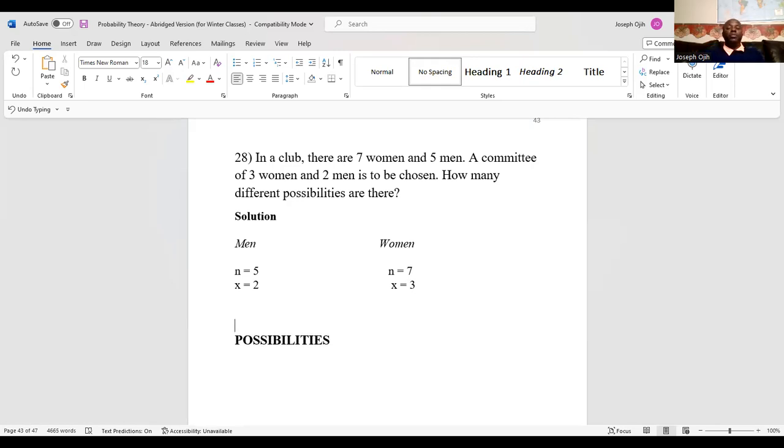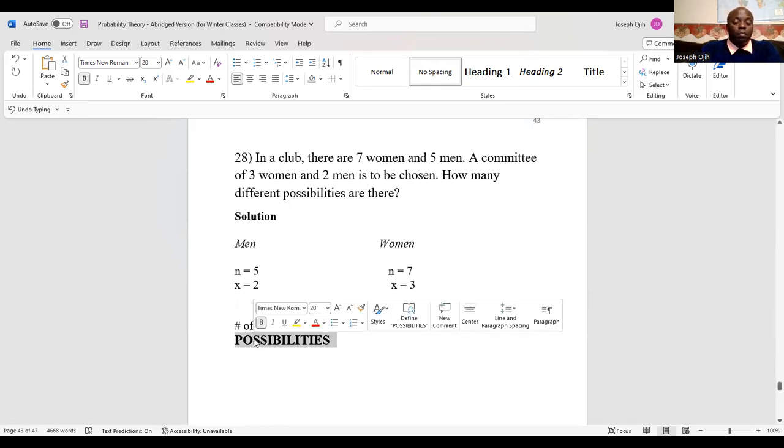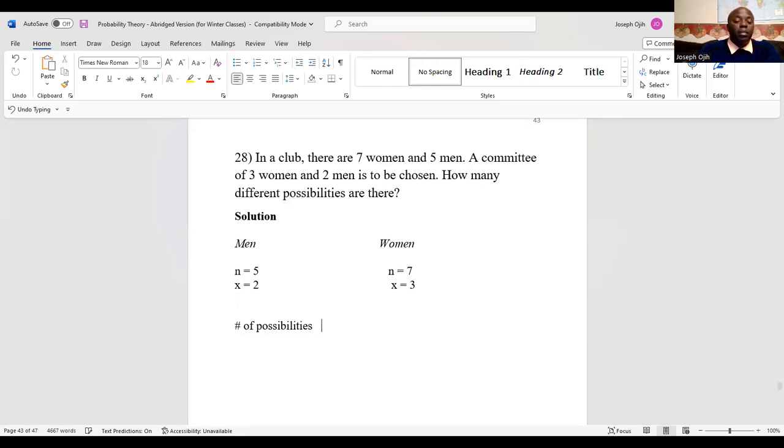So now, number of possibilities. For men we have 5 combination 2 times, for women, 7 combination 3. That will give us the answer that we're looking for.